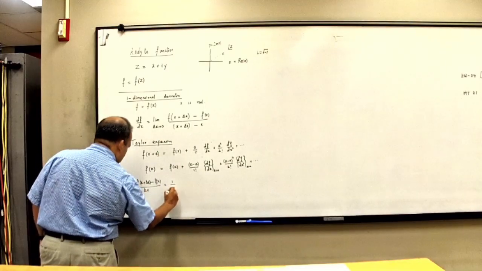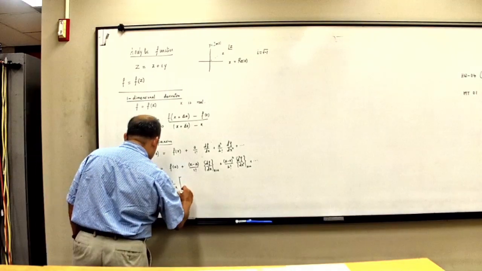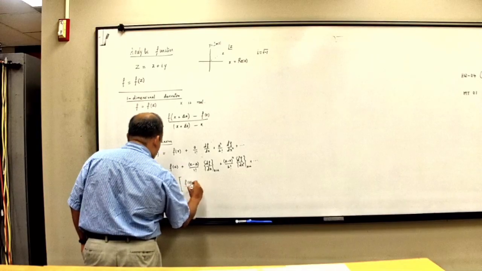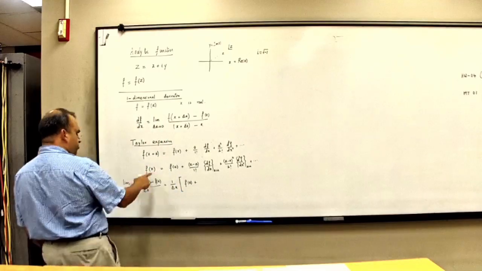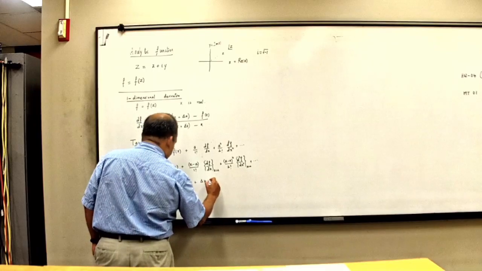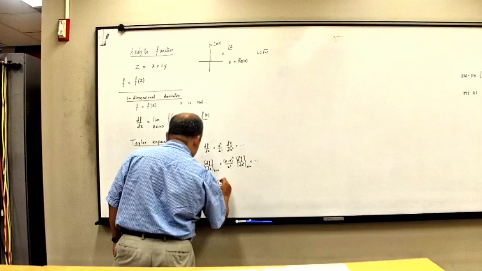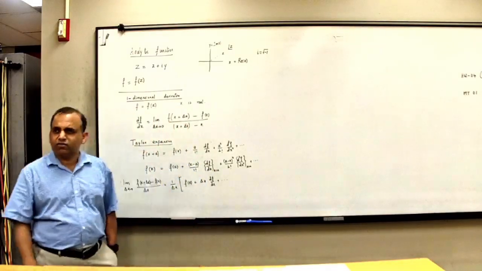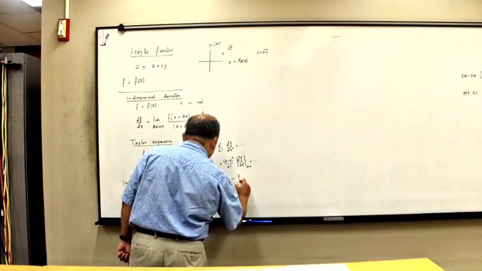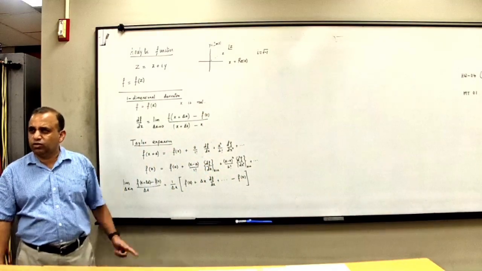That's equal to 1 over delta x, and expanding this out, this is f of x plus a, which is now delta x, times the derivative, and there are higher terms which I'm not going to neglect. Notice the argument now, this is minus f of x. The first term cancels out.